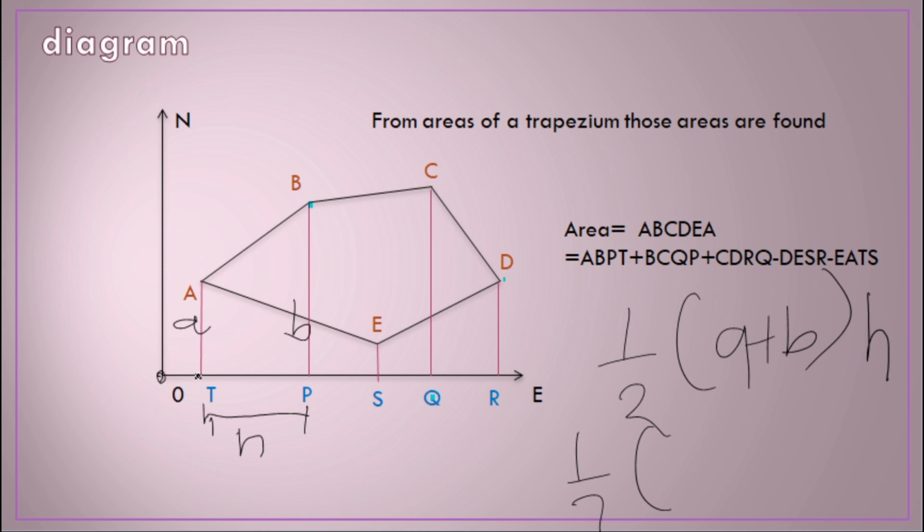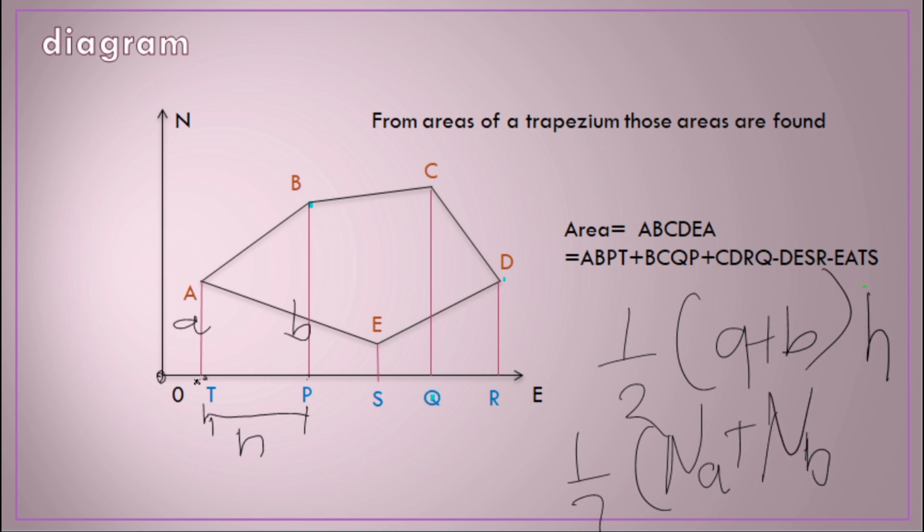So the distance from 0 to A is the northing of A. And then B here, the distance from 0 on the axis where the northing is represented, from here to here, is the northing of B.